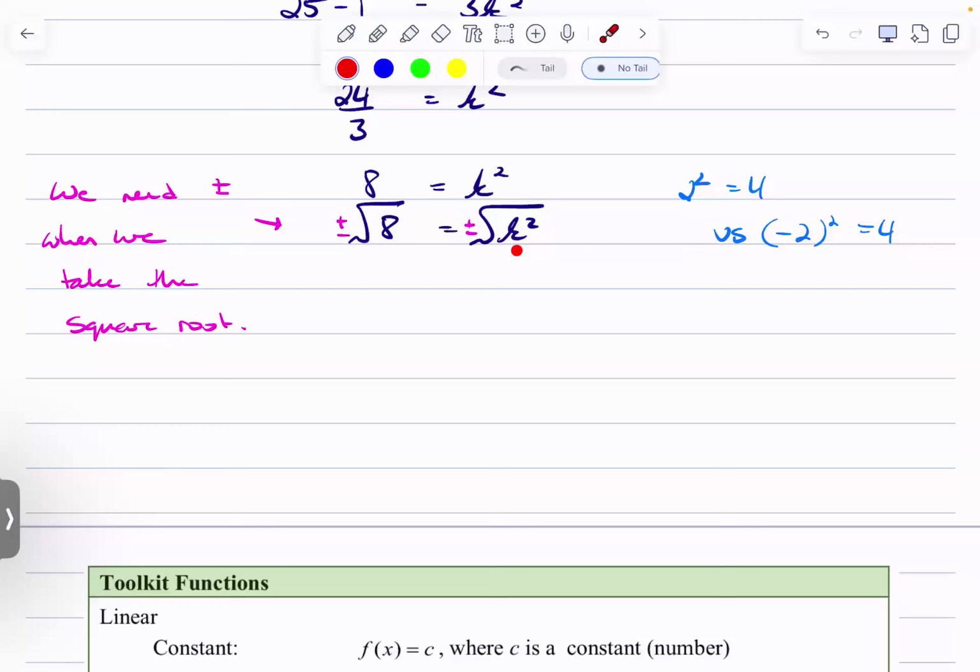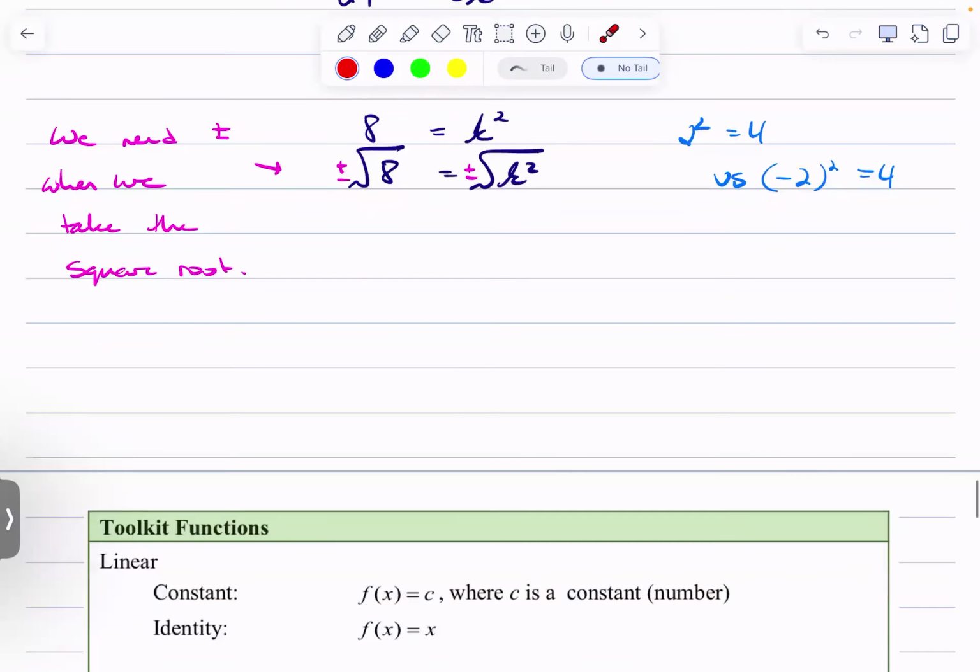All right, k squared, square rooted, just gives me k. But I do have the plus minus root 8, which is feeling like a weird number. Let's see here. Well, 2 root 2, huh? On your calculator, it usually gives you the exact answer, right?